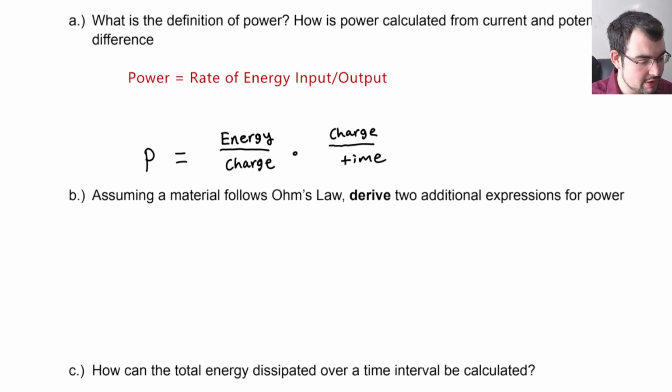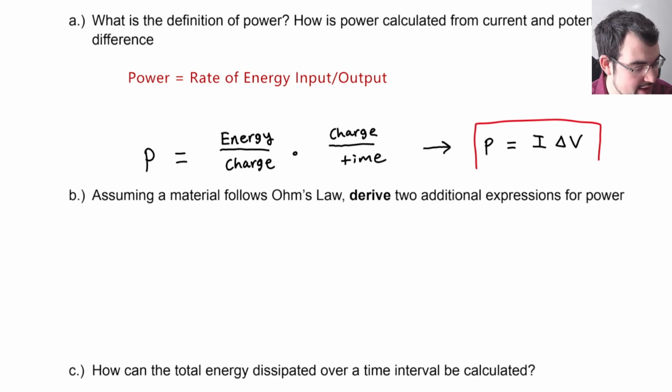And of course, we wrote it this way because we have expressions for each of these. Energy per charge is what we define as our potential difference, and charge per time is current. So we can write power as current times potential difference. So this is the definition of power for a circuit component.